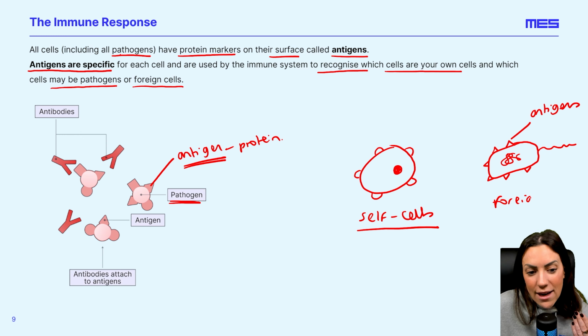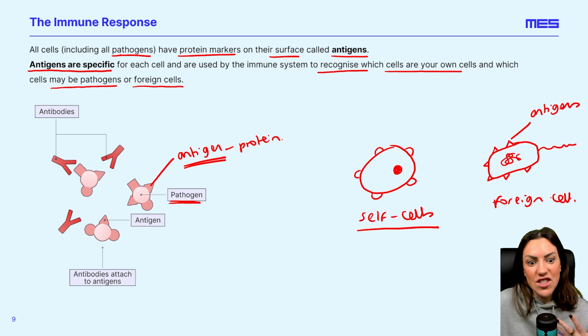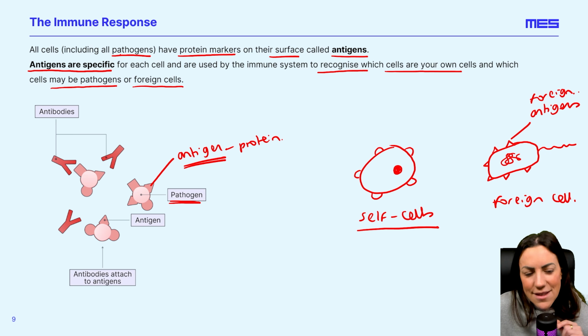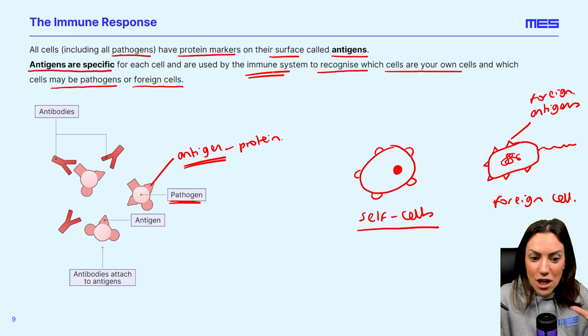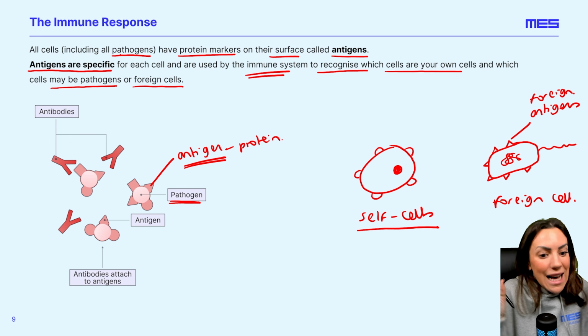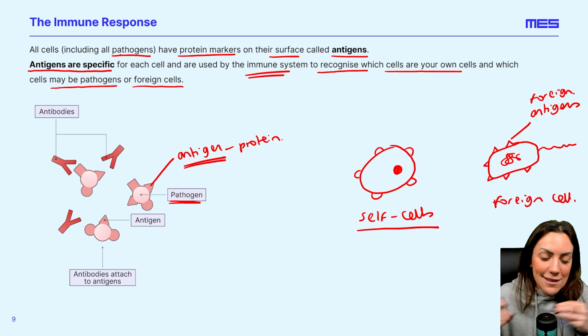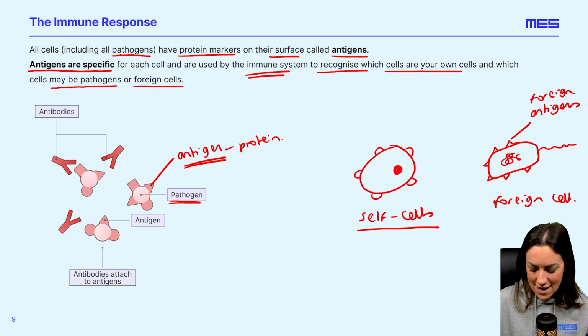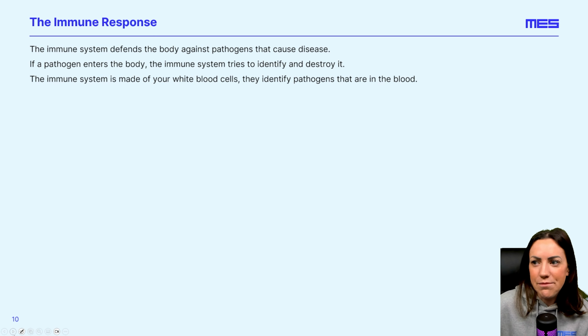So this will be recognized as a foreign cell because these are foreign antigens. They have a different shape to your antigens. So that's really important. That's how the immune system is going to recognize, oh, that's a pathogen, that's a foreign body, that should not be in my body. It's foreign, okay? The antigens are really important.